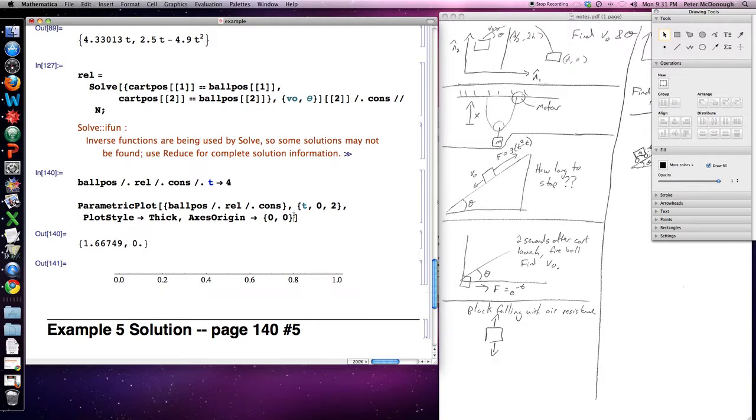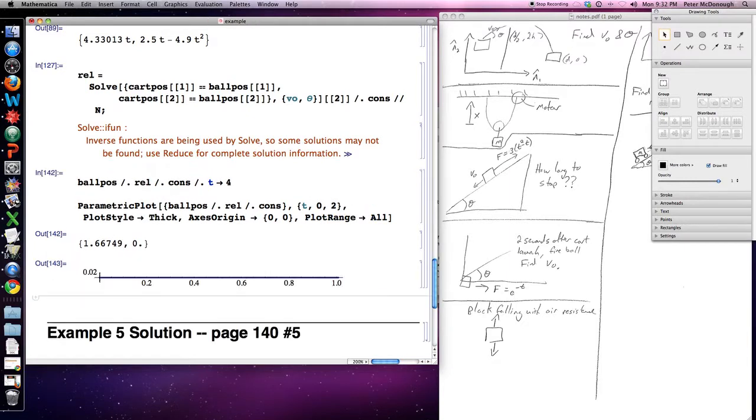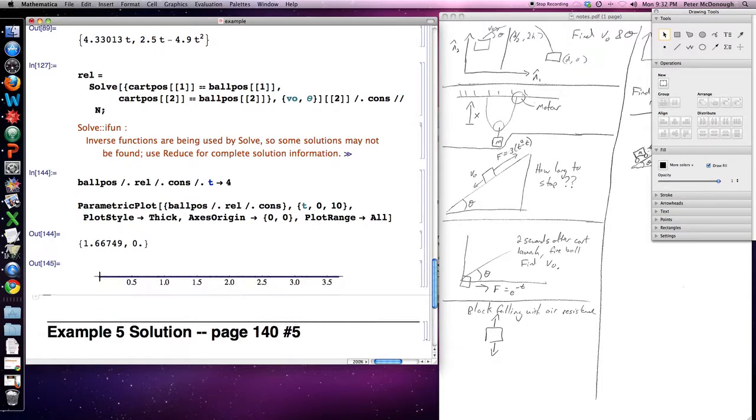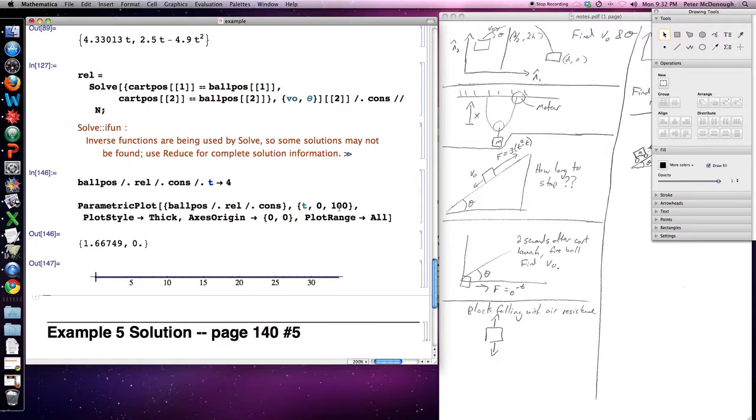Let's do a plot range all. Plot range all. All right. So we've got our ball position. Let's move this out to 10 seconds. 100 seconds. Huh.